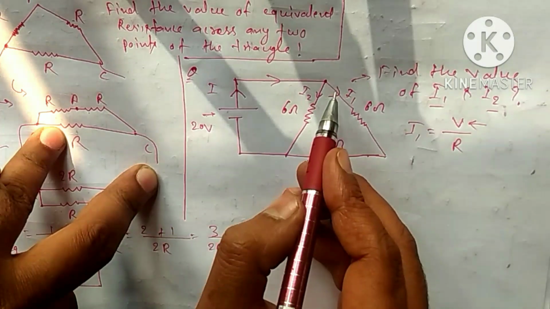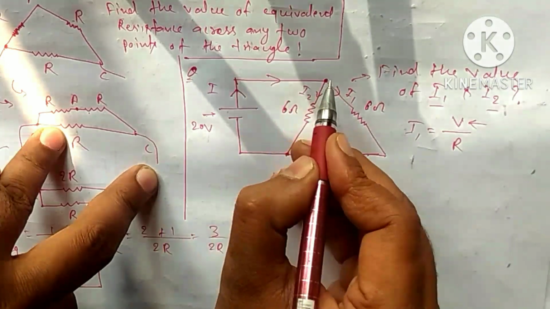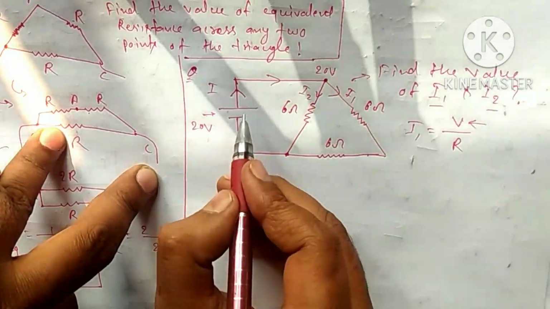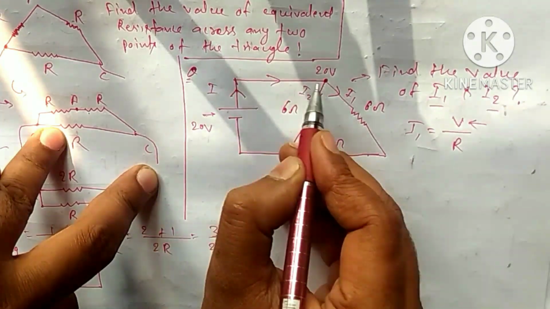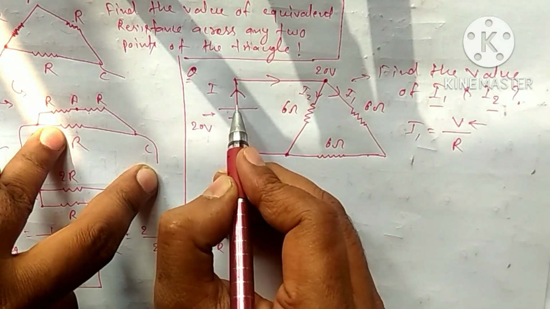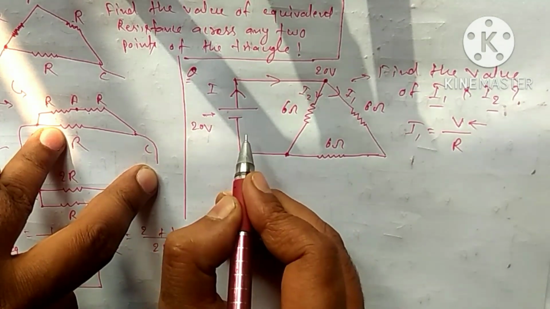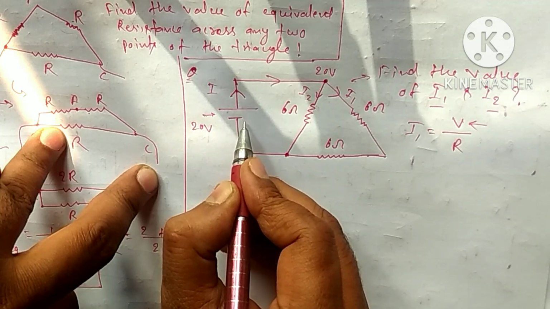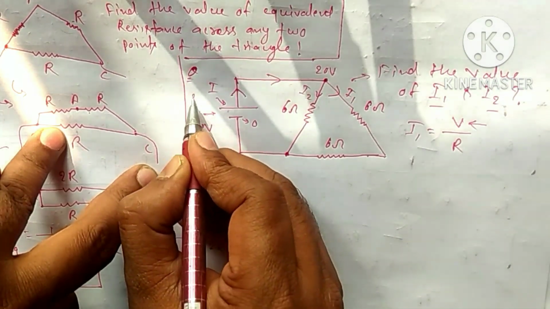Whenever we talk about these 2 points, the voltage is the same here, 20 volt, because in this path no resistance comes in, so the higher potential is the same here. Also at this point, we know that the lower potential has 0 volt and the higher potential has 20 volt.